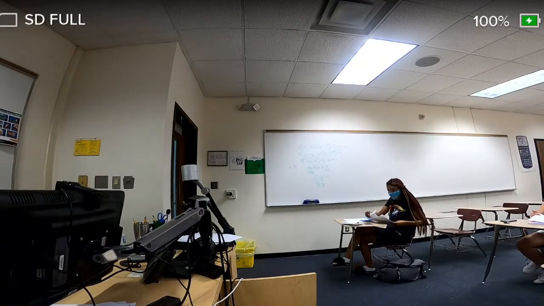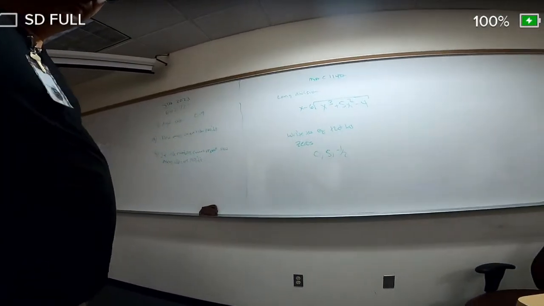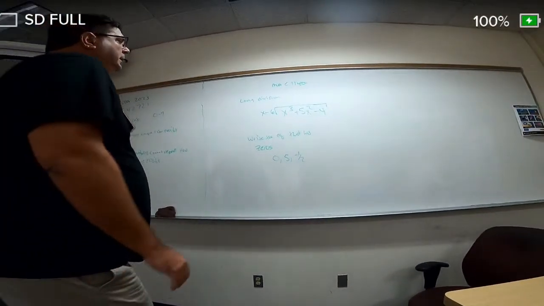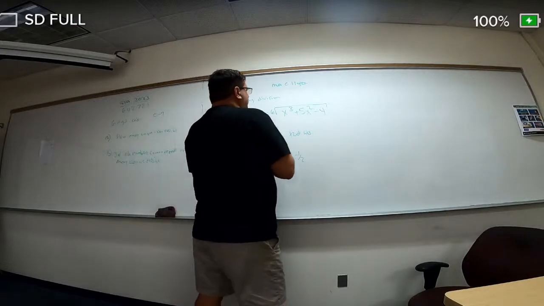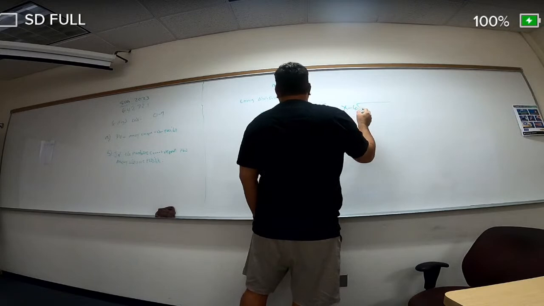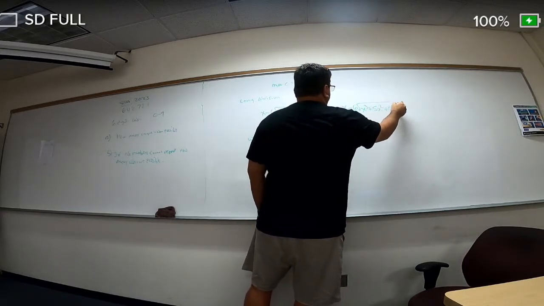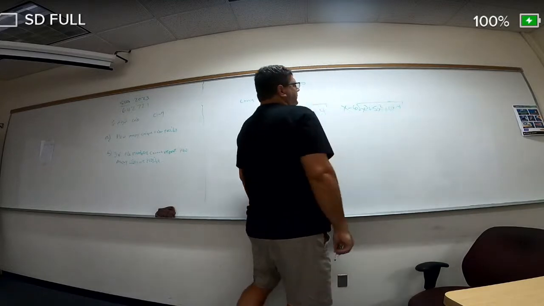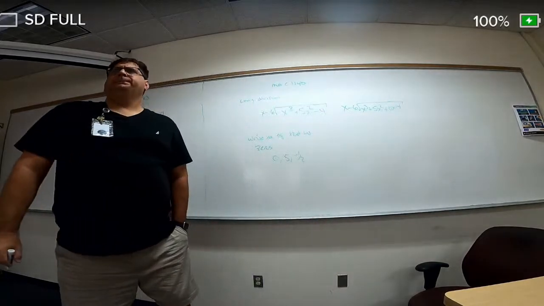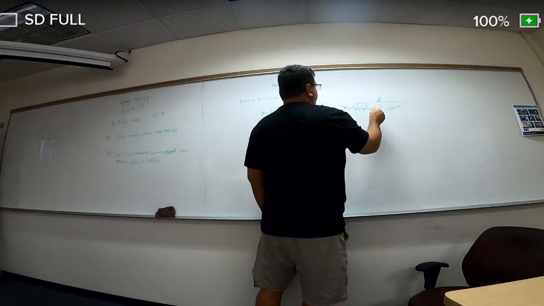Casey, David, y'all ready? All right, so with this one, we got x minus 6 into x cubed plus 5x squared plus 0x minus 4. X goes into x cubed, x squared times.